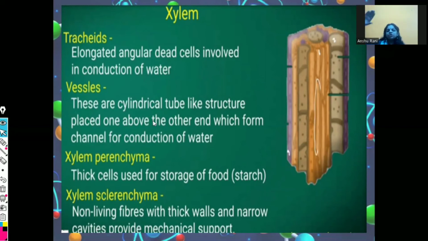So they make one channel-like thing through which water can move. Then xylem parenchyma. They are thick cells which help in storage of food in the form of starch. Xylem sclerenchyma, non-living fiber-like structures. They have thick walls and narrow cavities. They provide mechanical support to the plant.